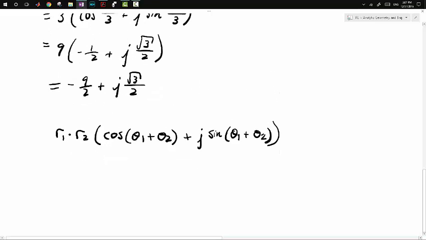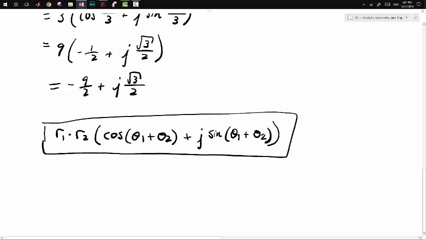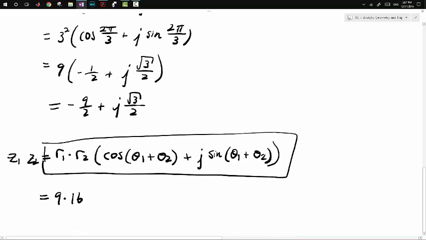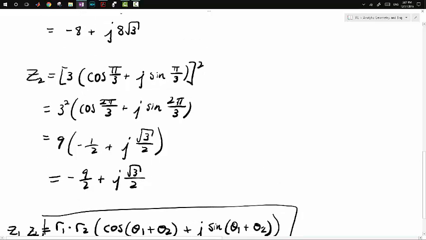So this is the equation we're using. This is z1 times z2, which equals this. So R1 is 9 and R2 is 16, and I got R1 and R2 from this form here.